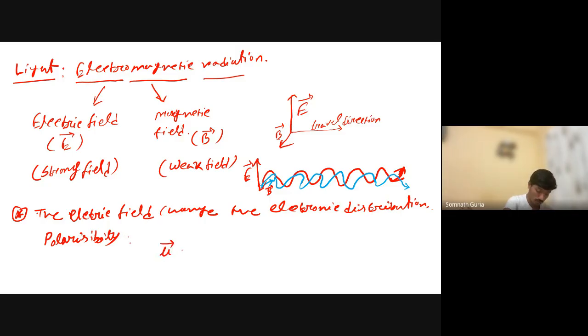Mu is the polarizability, which is associated with the electric field followed by polarization, and this is the polarizability, and this is the dipole moment.